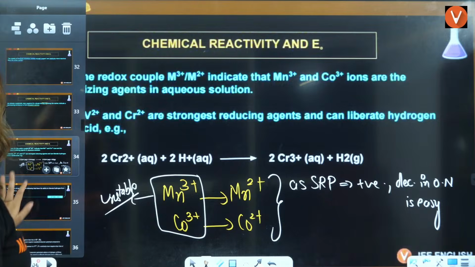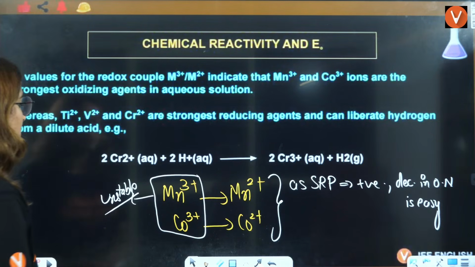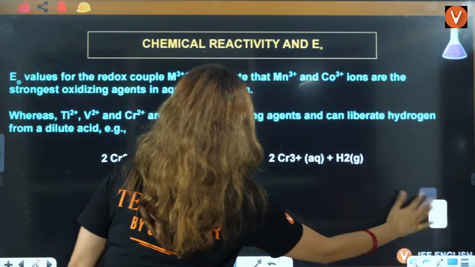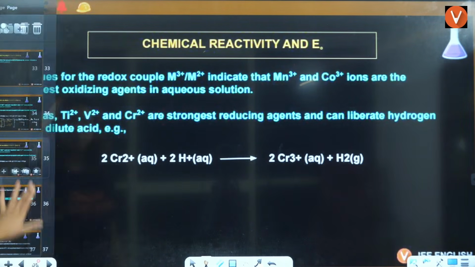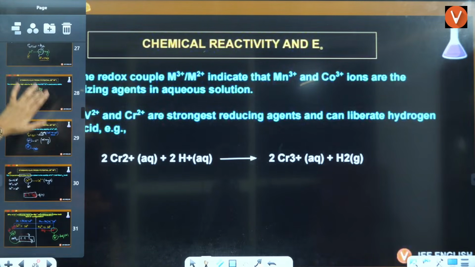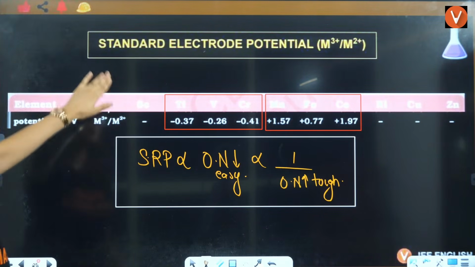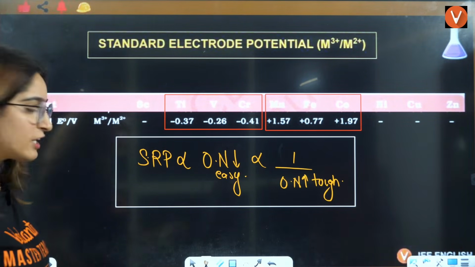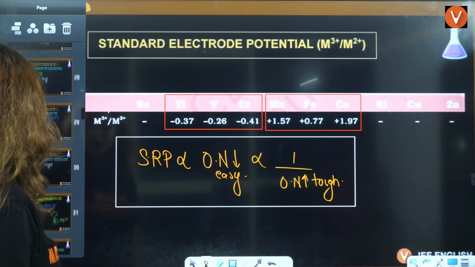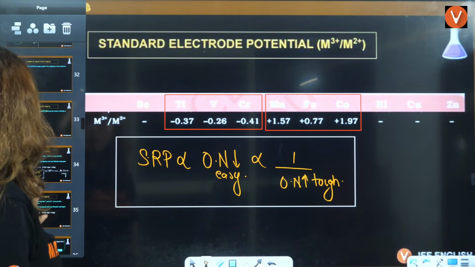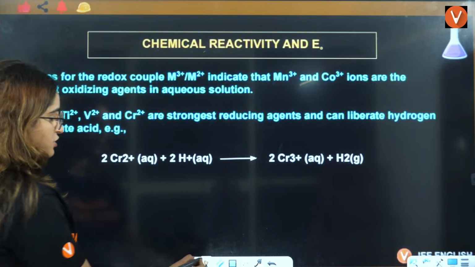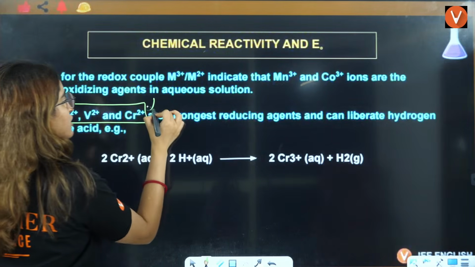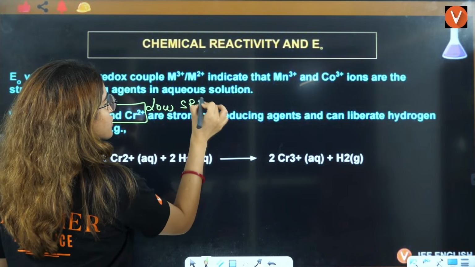Now, the opposite of this is for titanium, vanadium and chromium. Let me show you that. Can you see this here? Titanium, vanadium and chromium, it is negative. Negative means very low reduction potential, right? What do you mean by very low standard reduction potential?